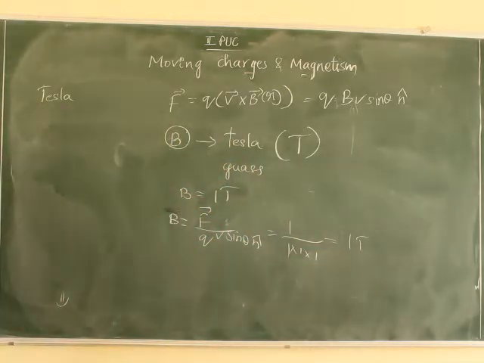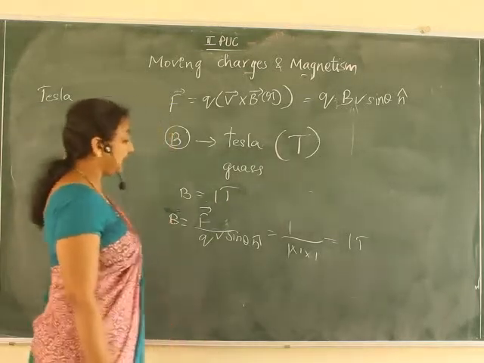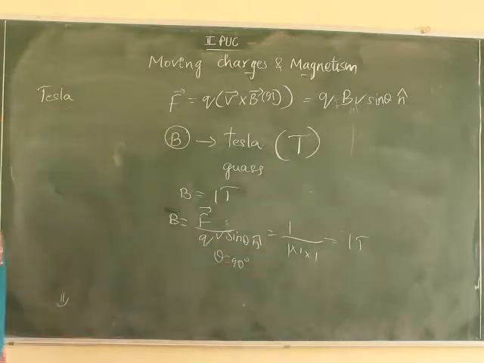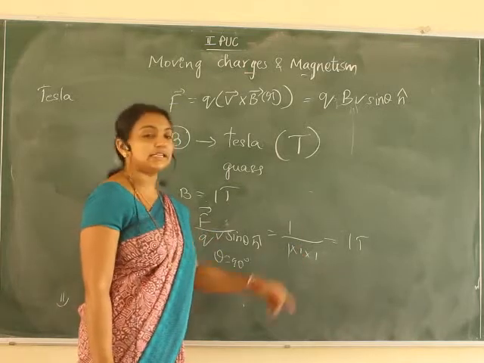Magnetic field is said to be 1 Tesla when the force acting on the unit charge placed perpendicular to the magnetic field with a speed of 1 meter per second is 1 Newton.